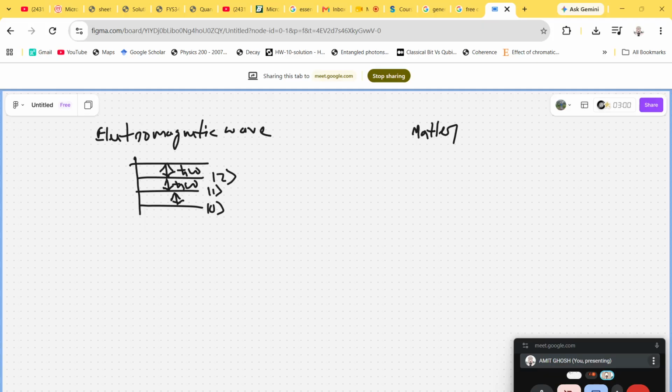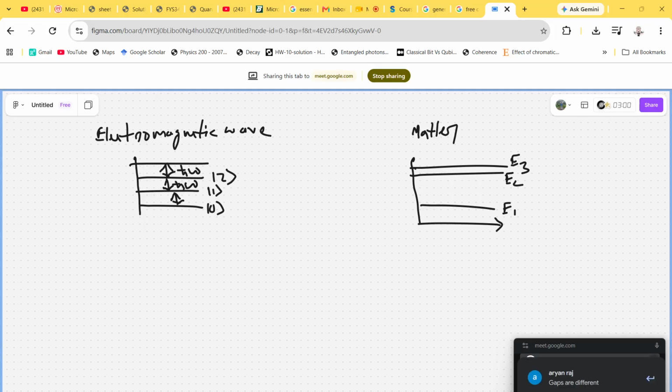But in matter, this is not a uniform spectrum. If you draw a similar thing in matter, it is like this, like this. So this is your E1, E2, E3. So energy spectra are not uniform.